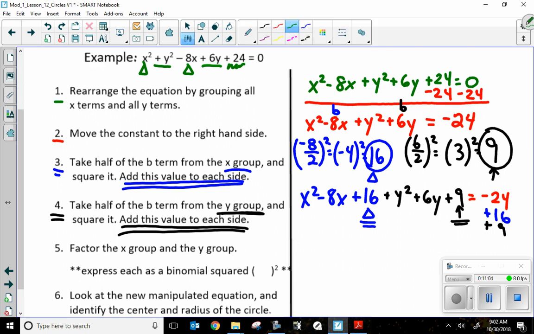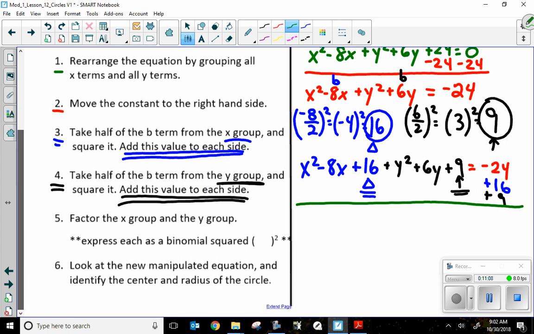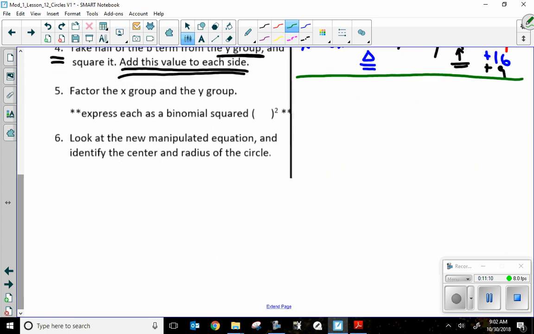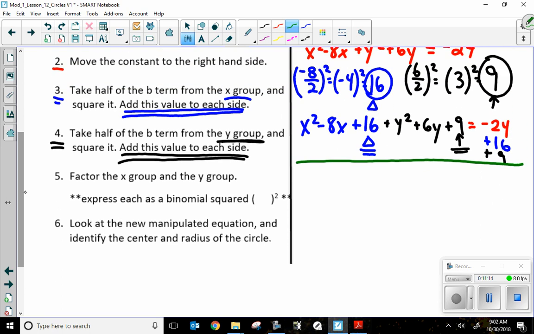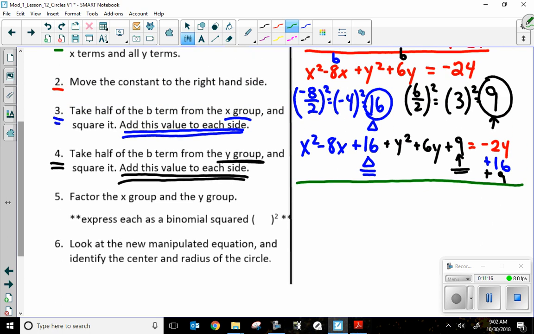And if I do that whole thing right, I now have, if I add these together, 1 equals. By adding my 16 and my 9, I have completed the square for both my x terms and my y terms. What does that mean?